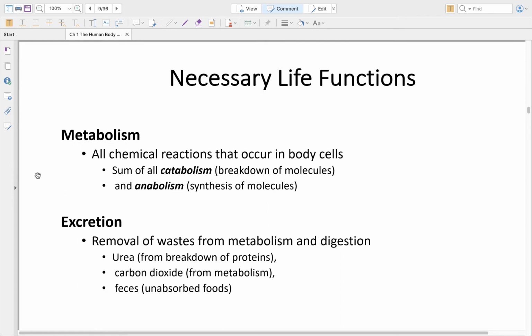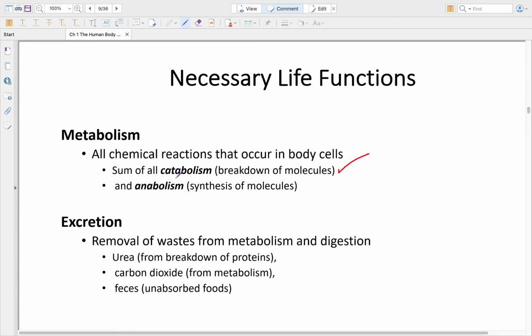Okay, metabolism. Now, metabolism is straightforward. Metabolism is an accumulation or the sum of all of the chemical reactions that occur in the body. So we have reactions that are catabolic, or catabolism. Okay, catabolic reactions break down molecules.